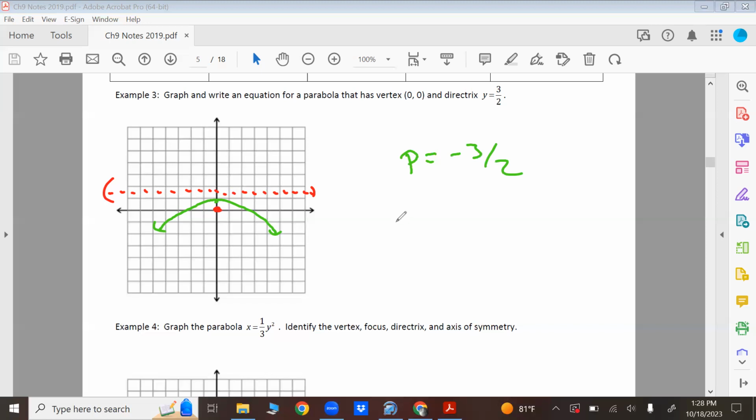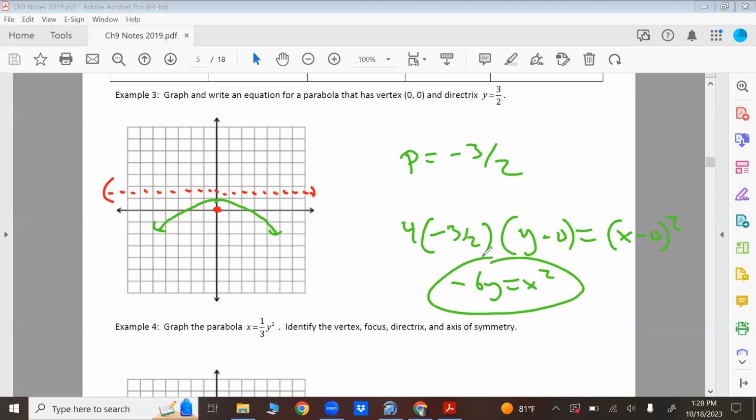It's going down. But the point is that we have the vertex here.